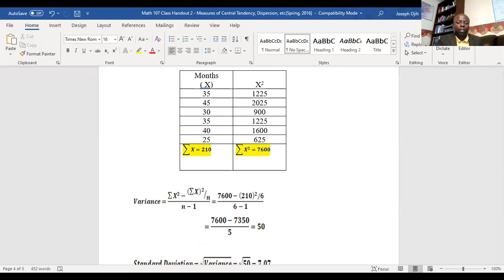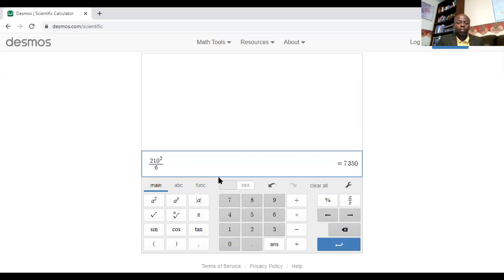I put them in parentheses: 7,600 minus 7,350.